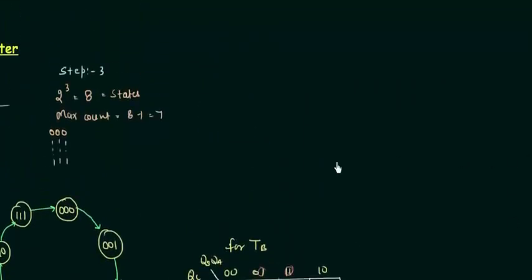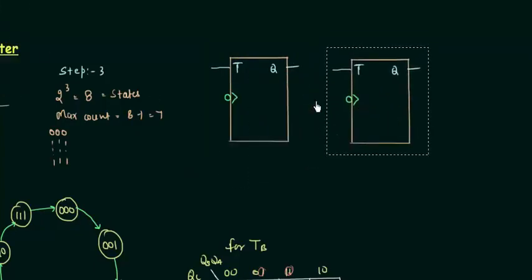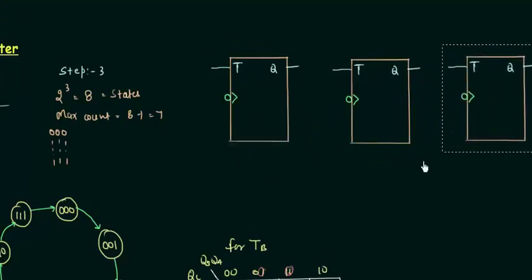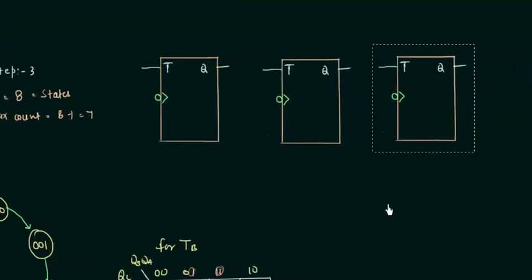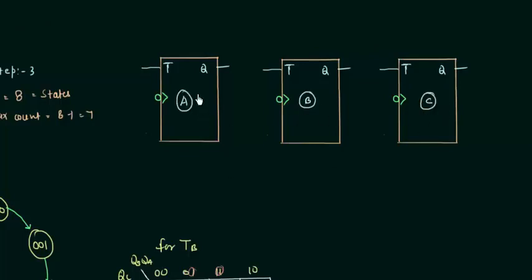For the implementation, we have 3 T flip-flops. I will make these 3 T flip-flops. This is my first flip-flop, this one is the second flip-flop, and this one is the third flip-flop. Now we will implement the logic that we have evaluated from the K-map. This is the A flip-flop, this is the B flip-flop, and this one is the C flip-flop.